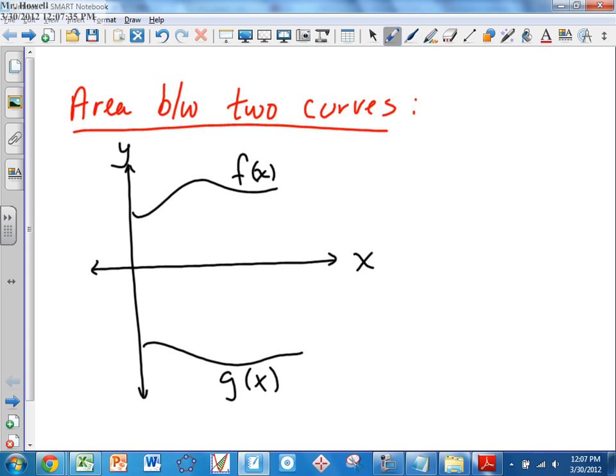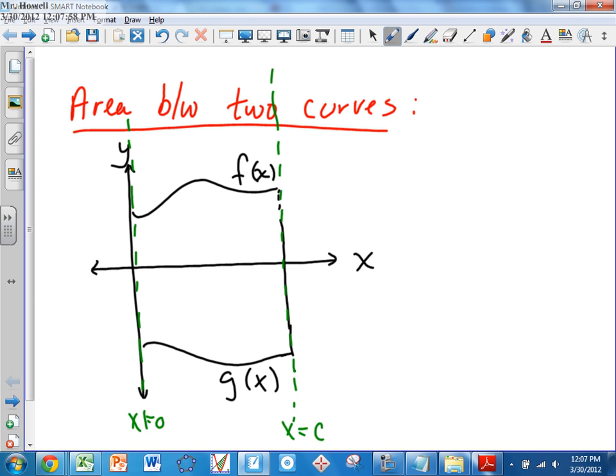So, if I asked you, Kerry, if I wanted to know the area between these two curves, that's my ultimate goal, to find that entire area that's enclosed. I want to know the area between the line x equals 0 and the line x equals whatever this may be, let's say for this case c.